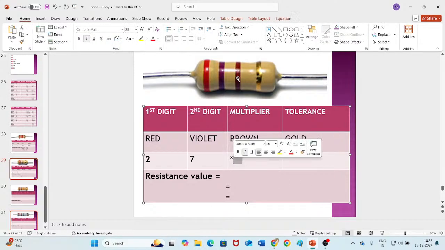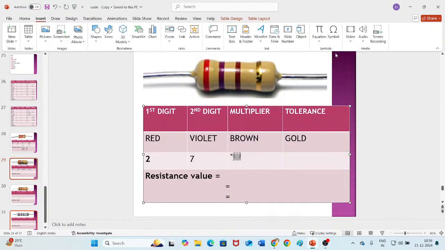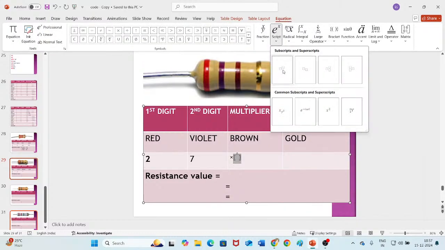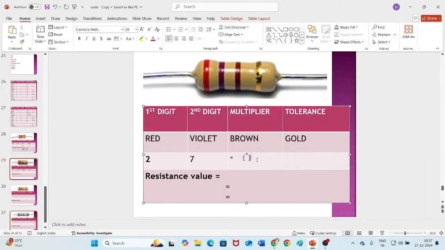it's not visible. Why? It's not visible here. I don't know why.